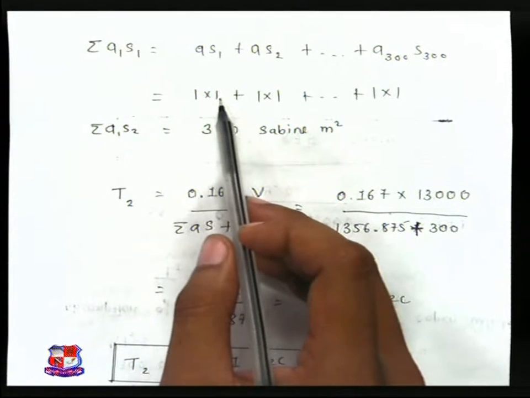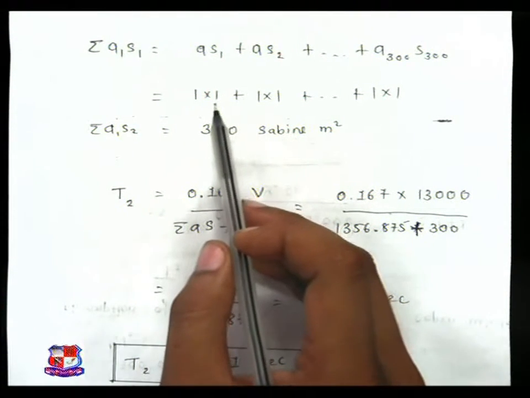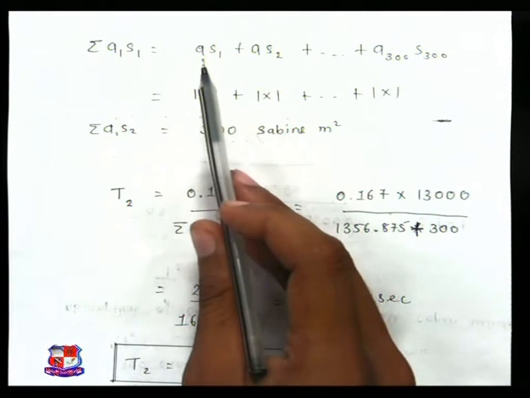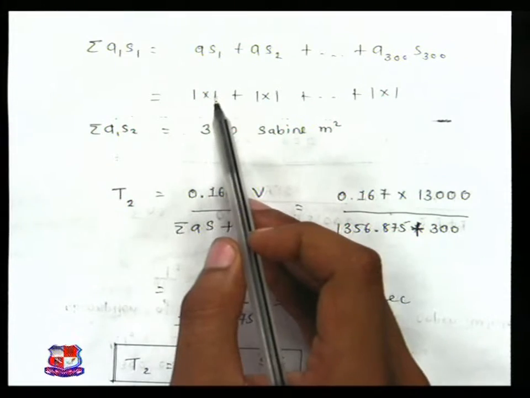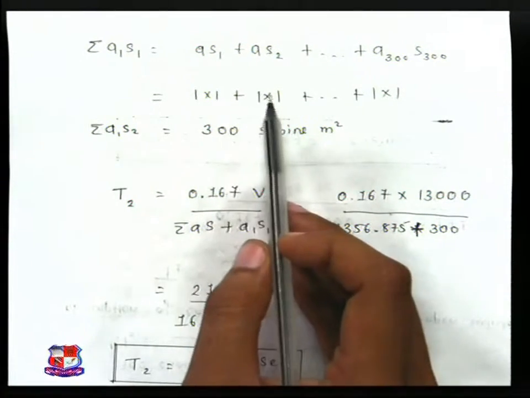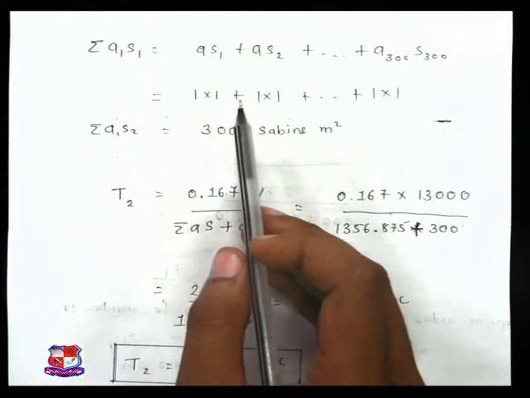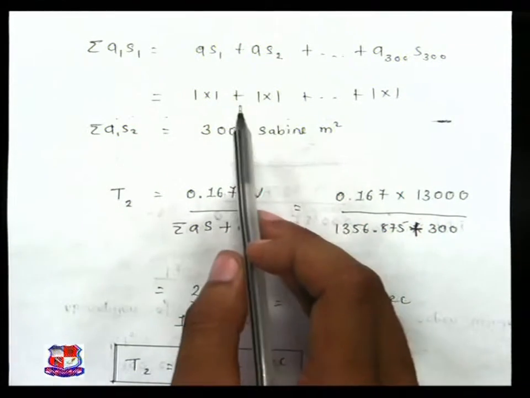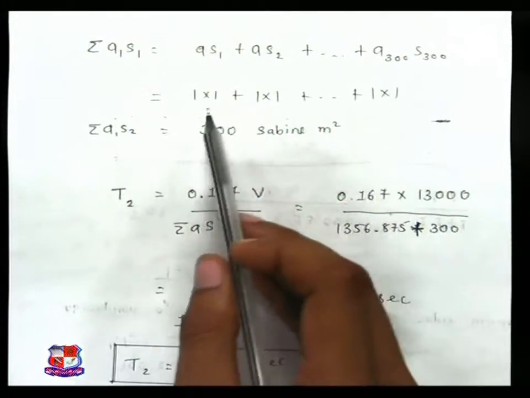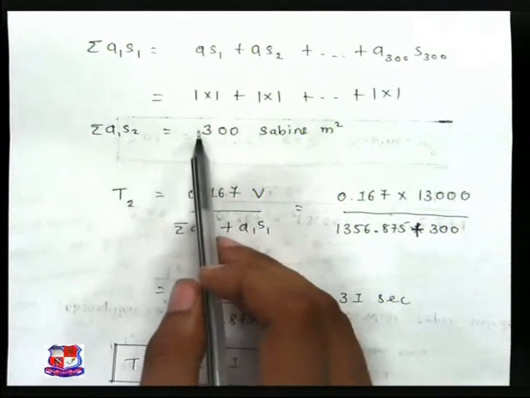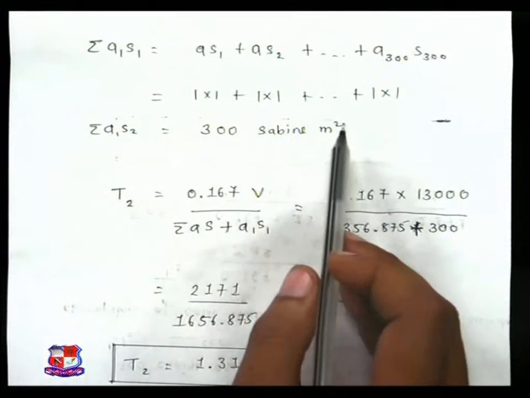That means one chair is considered as one surface area. That means 1 OWU multiplied by 1 plus 1 OWU multiplied by 1, and this multiplication and addition will be done 300 times. That means A1 S1 will become 300 Sabine meter square.